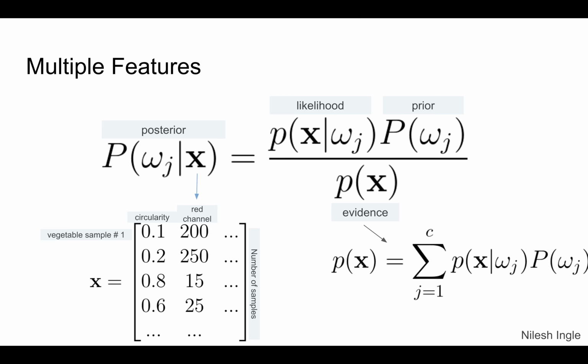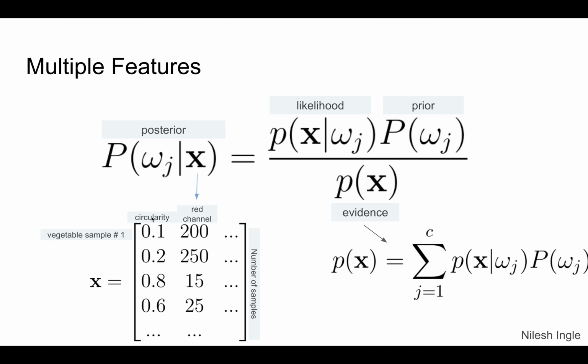Now, so far we have looked at just one feature. If we have more than one feature, so we have multiple features, then we are looking at a matrix, and so the notation has changed. The X is now boldface X, and we can imagine it as a matrix, where each column represents a feature and each row represents a sample.